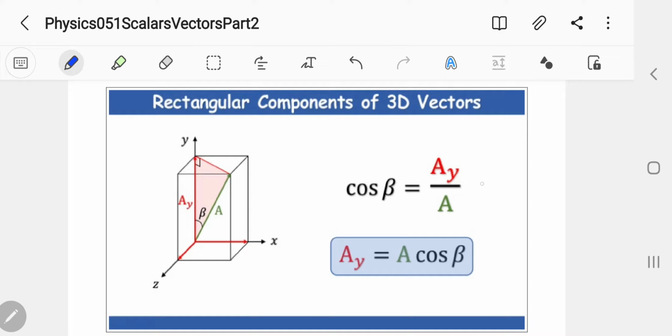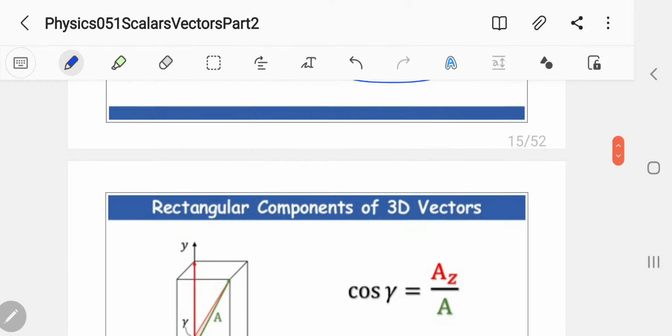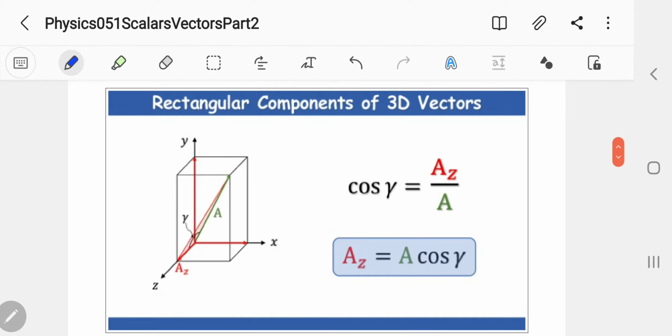So cosine beta would be ay over a. So ay is just equal to a cosine beta, this one. And then for the z-axis, you have az equals a cosine gamma.